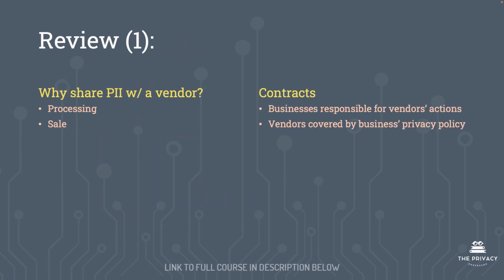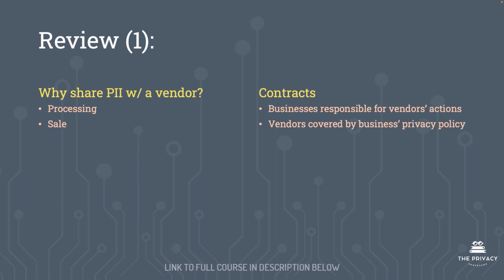In this lecture, we discussed the circumstances under which an organization would share personal information, personal data, with a vendor. Those are typically when the vendor is processing data for the organization or there is a sale of data. With regards to contracts, it's important to understand that businesses are responsible for their vendors' actions.